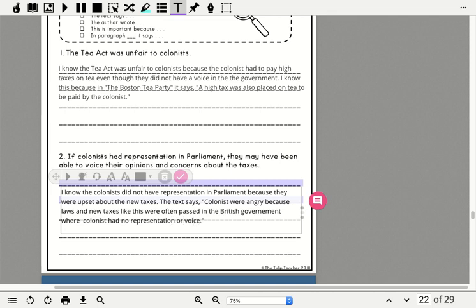See, I have to keep going back to my text. And with that, you are completely finished with your Boston Tea Party.